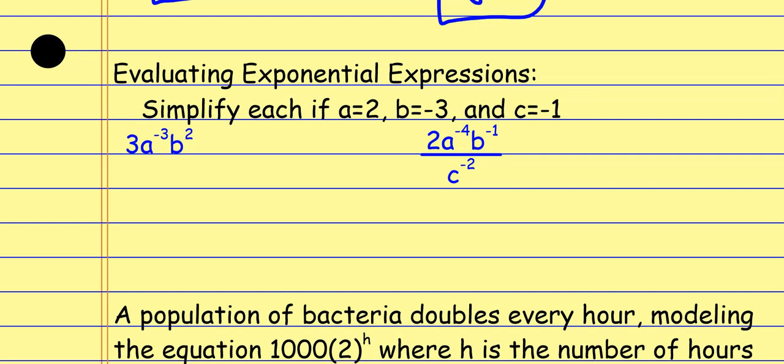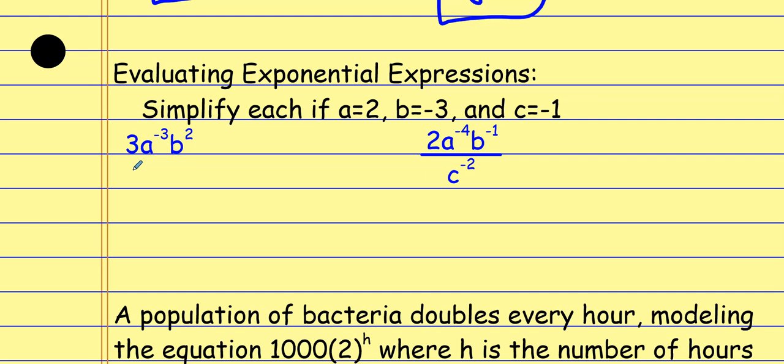If I look at something like these guys, if you're evaluating, if you're plugging values in, my recommendation is to simplify the negative exponents first before we plug in those values. Okay, so before I plug the 2 in for A and the negative 3 in for B and the negative 1 in for C, I want to take care of those negative exponents. I want to simplify it as far as I can first and then plug in.